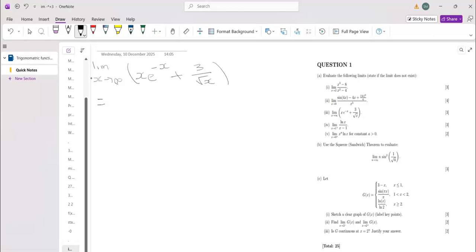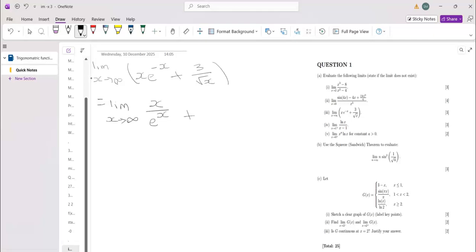So if we can just rewrite this, it's going to be x divided by e to the power of x, right?